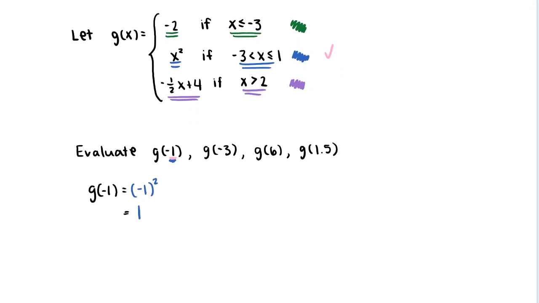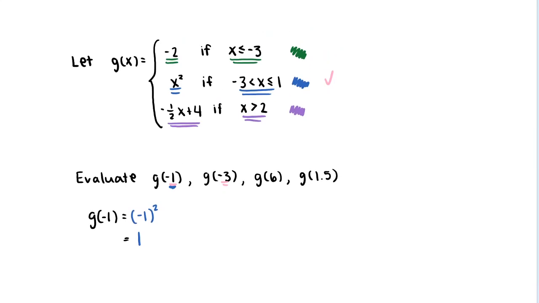All right, what about this next example? G of negative 3. Well, which rule should we use? We should use the top rule, because when our input is negative 3, it satisfies this condition: x is less than or equal to negative 3. That allows for equality at negative 3, and so we should use this green rule.